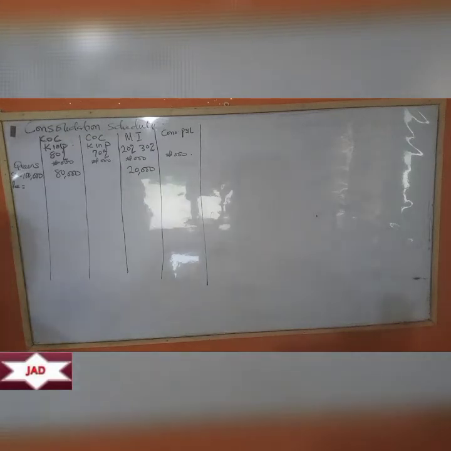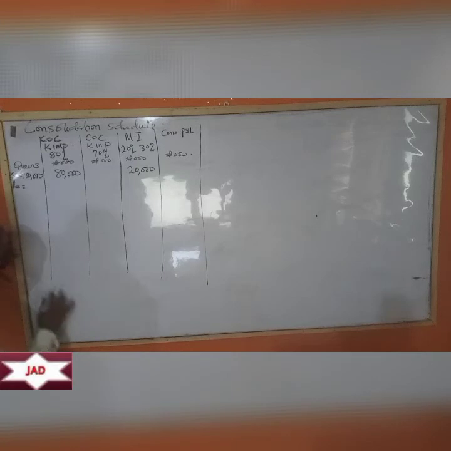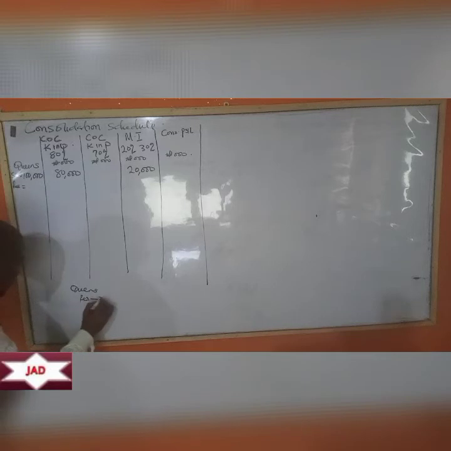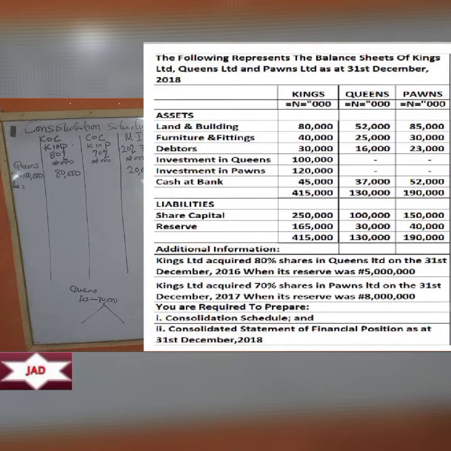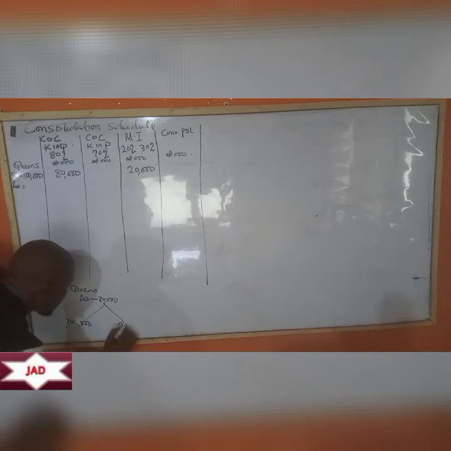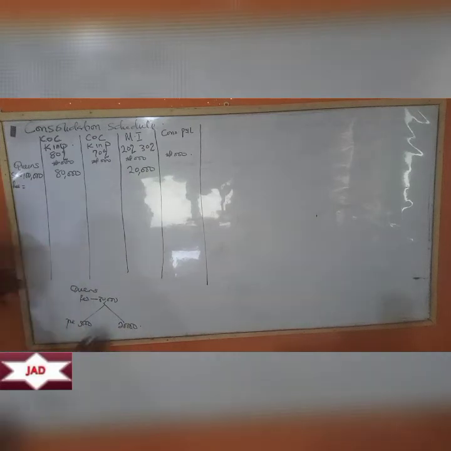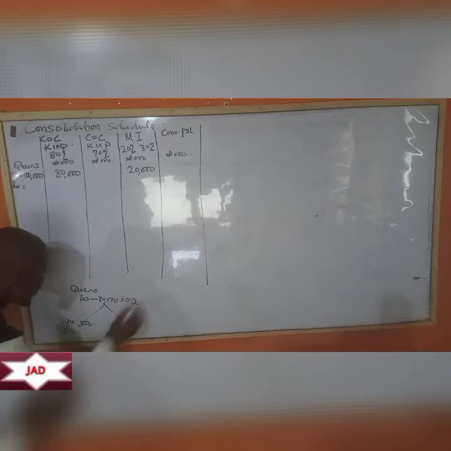So for Queens, reserve is 30,000. Then we have pre and post. What's the pre? As at when it was acquired, we have 5,000. So pre is 5,000, and post will now be 25,000. That means you're going to have 0.8 times this, 0.8 times this, and 0.2 times this.